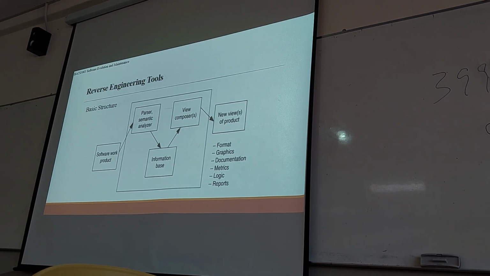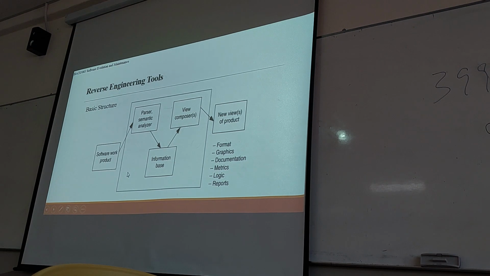And this is the basic structure of reverse engineering tools. You can see a software product, for example the code. With the reverse engineering tools, we analyze the code and understand the meaning of each part, and then it is stored in the information base.